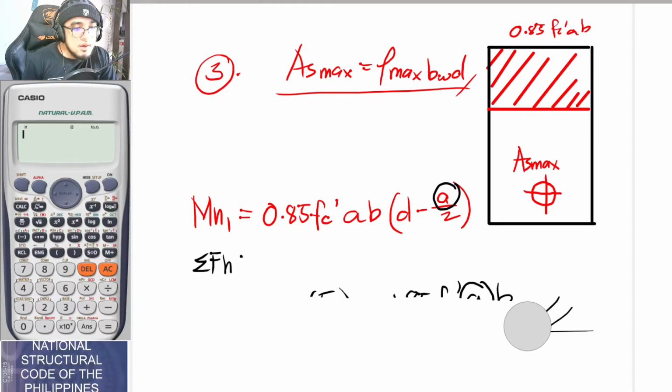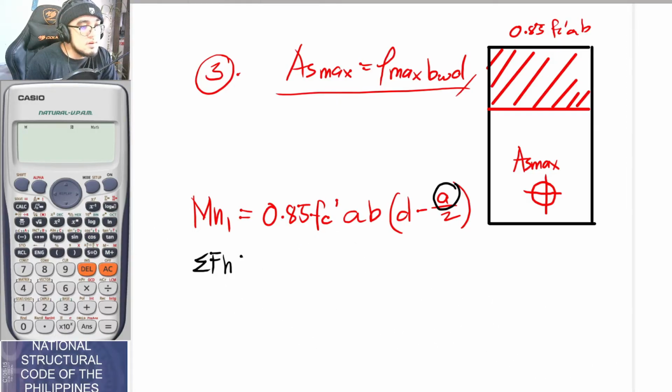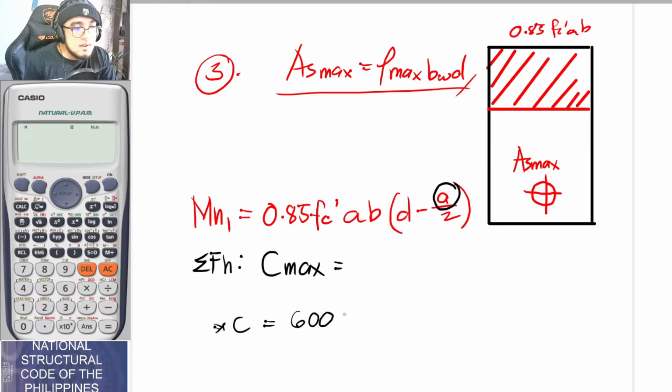So another way is for you to solve for Cmax. And for your Cmax, if you can remember from before, guys, the value for your c is to be 600 times d divided by 600 plus fy.